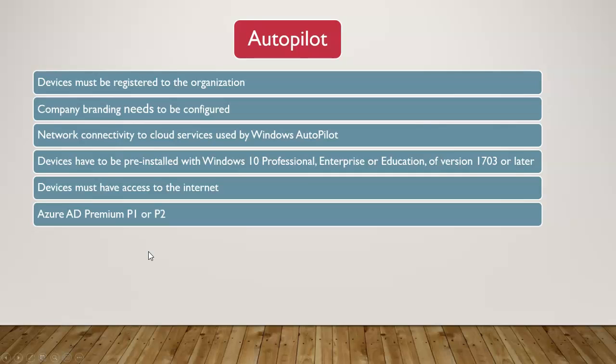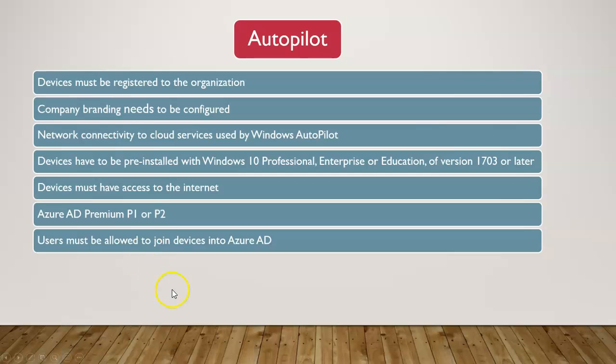So, one way or another, you can think of these as a prerequisite, or a technology that is involved and clubbed together, and it comes out under the word Autopilot. Also you need to have the devices joined in Azure AD, which we talked about in the first point. Also these devices should be registered in your Microsoft Intune.